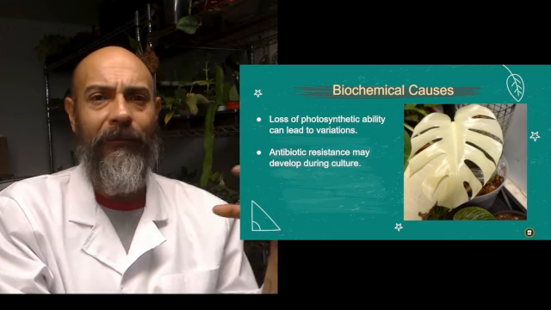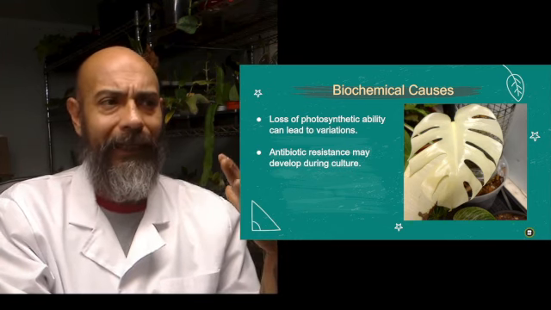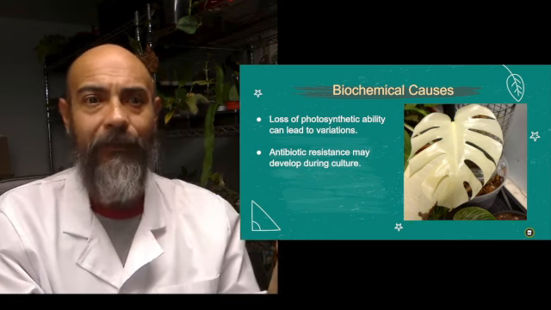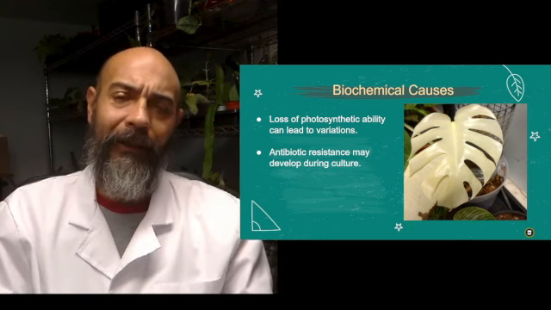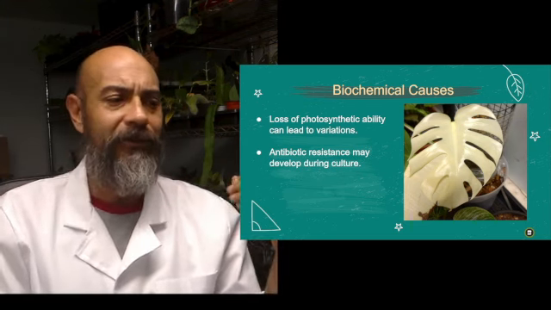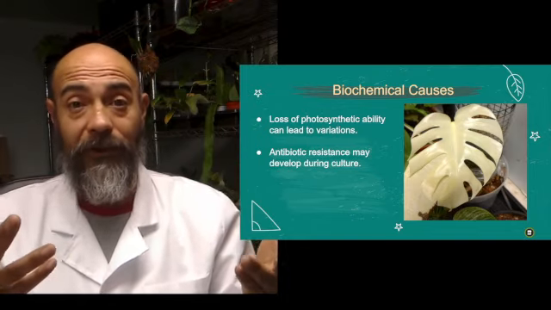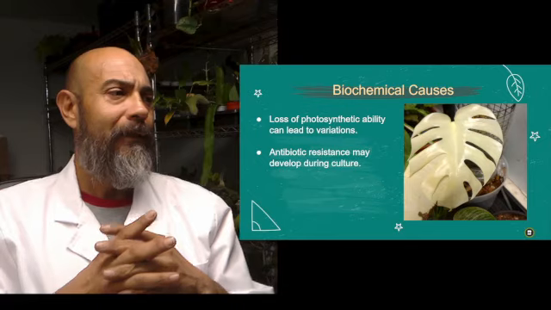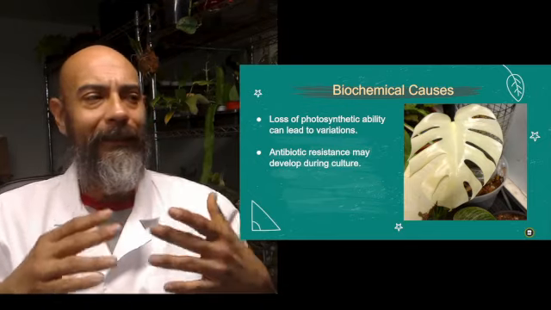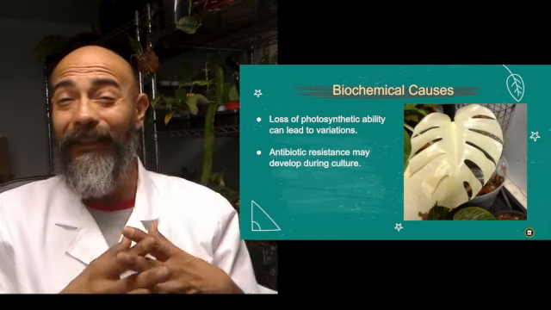The biochemical causes there are when you do have something such as an albo, right, that doesn't quite photosynthesize the way that its parent would. It must adapt, and it must change its molecular structure in order to actually survive, right? Another one of those would be the antibiotic resistance that happens over time.